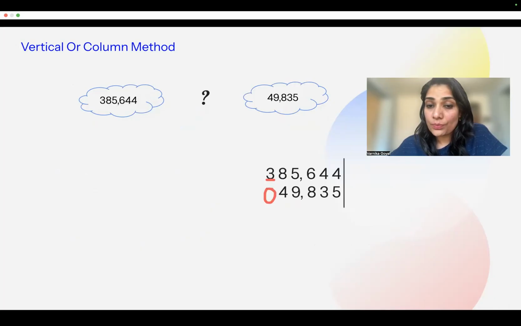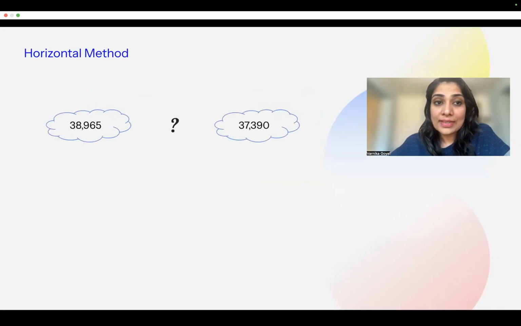It is actually 0, and we know 3 is greater than 0. What does it mean? Our top number has 300,000 more than our bottom number. So we can easily conclude that 385,644 is greater than 49,835.